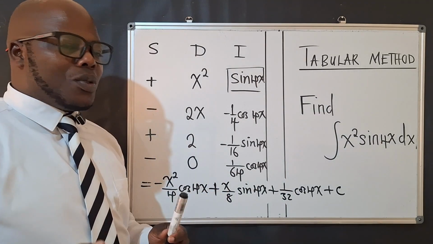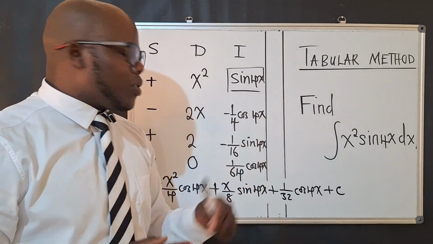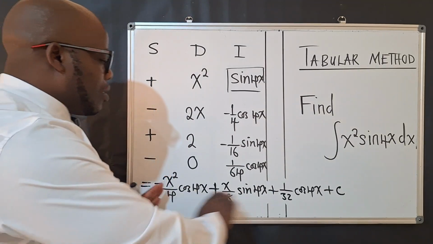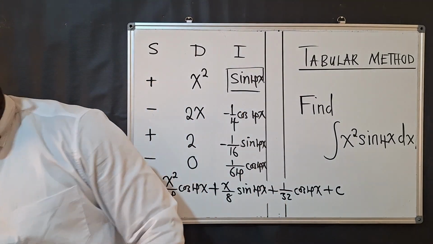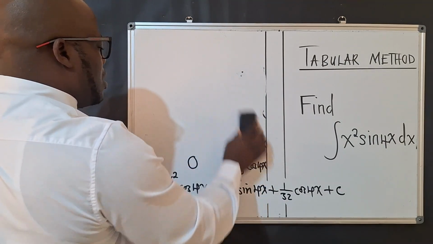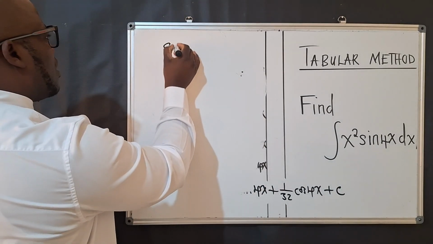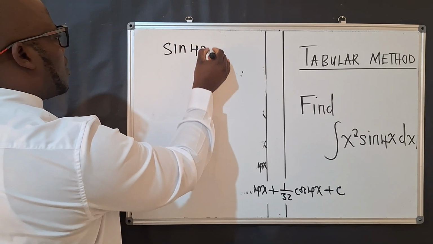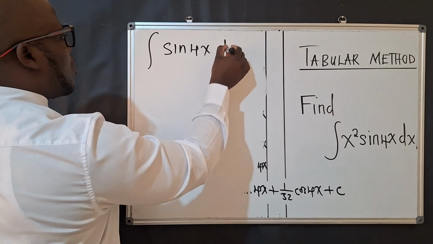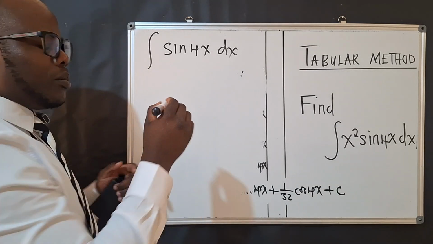I know some of you are still wondering how the integral of this is happening. How is he finding the integral? I'm just going to show you. We've answered this question, this is the answer, but let me just show you how to integrate sine 4x. You just use what we call u substitution.